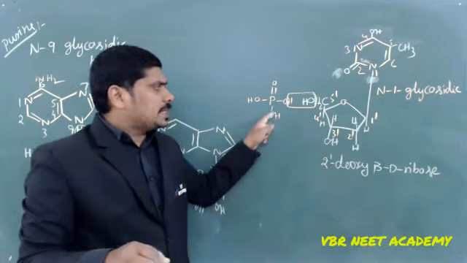Now CH2OH and phosphoric acid: this bond is called the 5' phosphoester bond, which is present between the alcoholic group of the ribose sugar and the phosphoric acid. Now the phosphoric acid is going to be joined to another phosphoric acid.